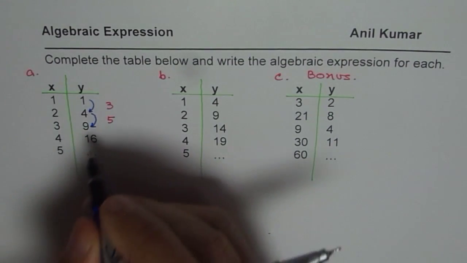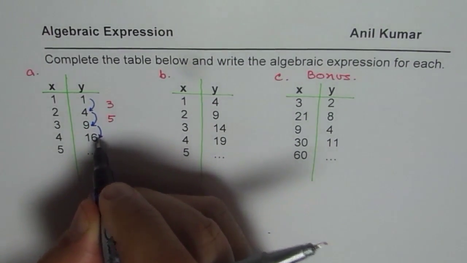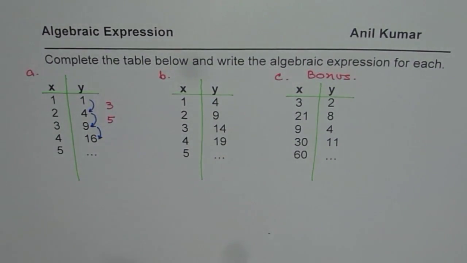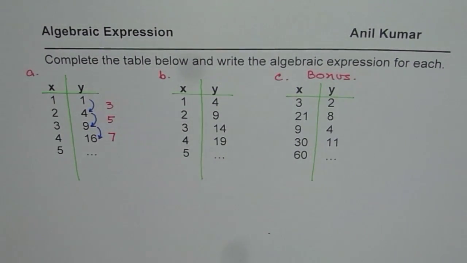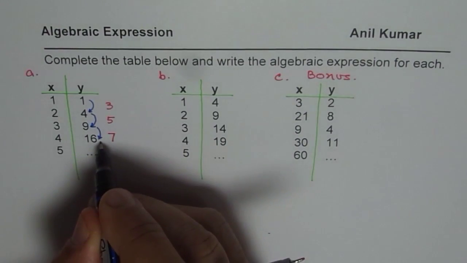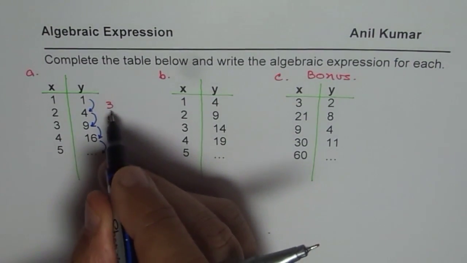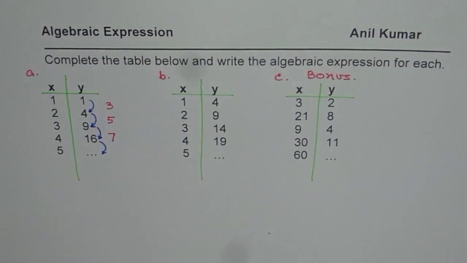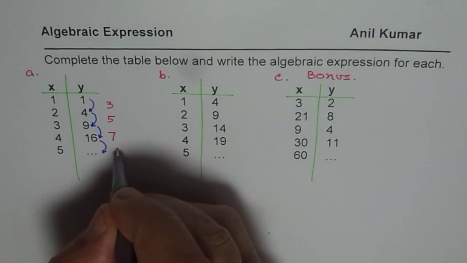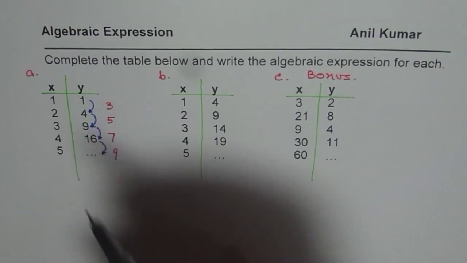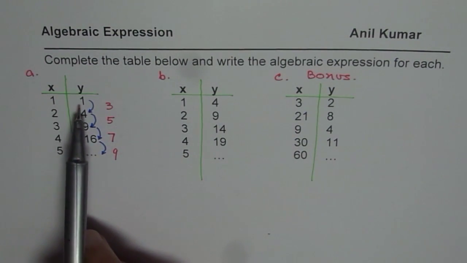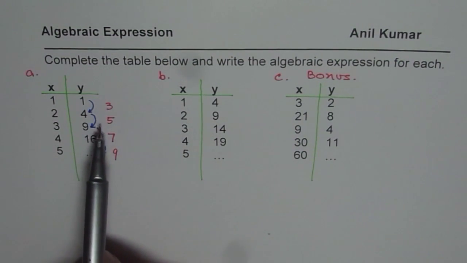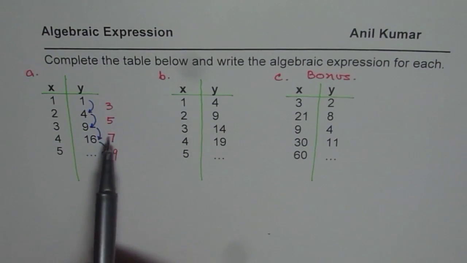And if I do 16 minus 9, then 16 minus 9 is 7. So what I see here is that you have to add 3, 5, 7, and this time you should add 9 to get the next number. So the pattern being followed here is that you start at 1, then you add 3, then you add 2 more than 3, that is 5, 2 more, 7.